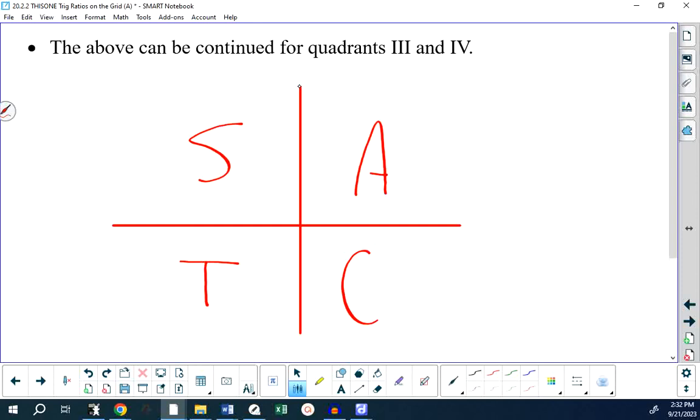What this means is that the only thing positive in this quadrant is cosine. They are all positive in this quadrant. The only thing positive in this quadrant is sine. Shouldn't say the dumbest thing. It's just that it doesn't match with the quadrants, right? You start in quadrant 4. And then the only thing positive in this quadrant is tangent.